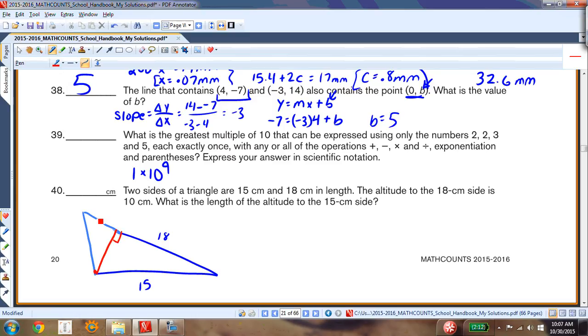And my altitude to the 15 side, no, that's not going to work either. I'm sorry. Let me redraw this completely.